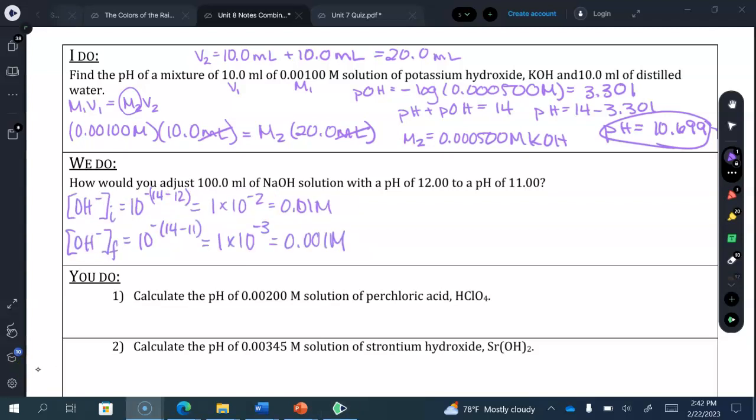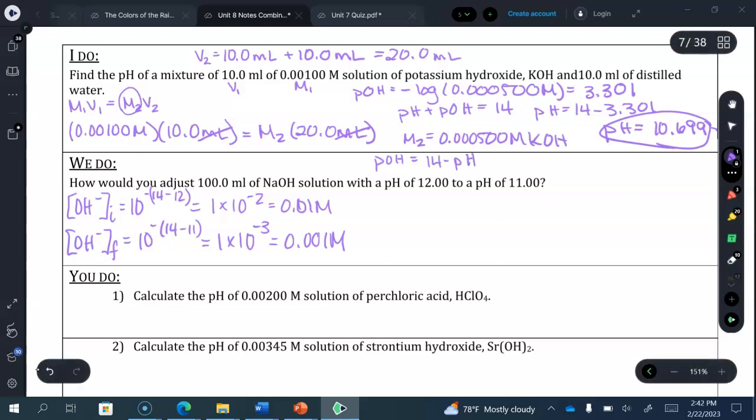The reason why we do 14 minus 12 or 14 minus 11 is that to get the hydroxide ion concentration, you use 10 to the negative pOH, and pOH is 14 minus the pH. Since we have our current pH and our desired pH, we have to convert those to pOH before we can determine the hydroxide ion concentration that we start with and that we want to find.